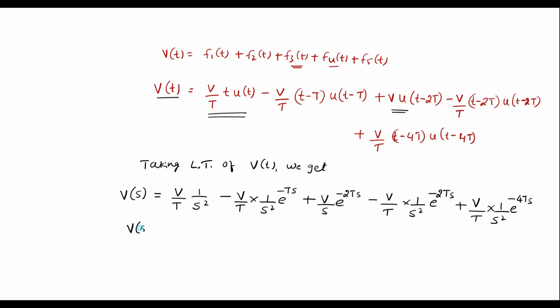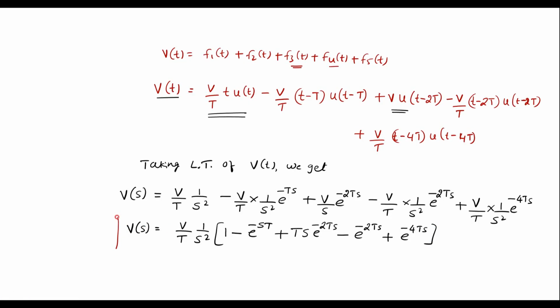Or I can write V(s) equal to V by T, 1 over s squared common, (1 minus e to the power minus Ts), plus V, with the s cancelling, T s e to the power minus 2Ts, minus V by T, 1 over s squared, e to the power minus 2Ts, plus the same term, e to the power minus 4Ts. So this is the Laplace transform of the given waveform.